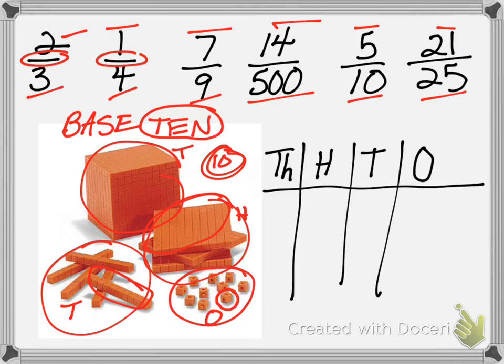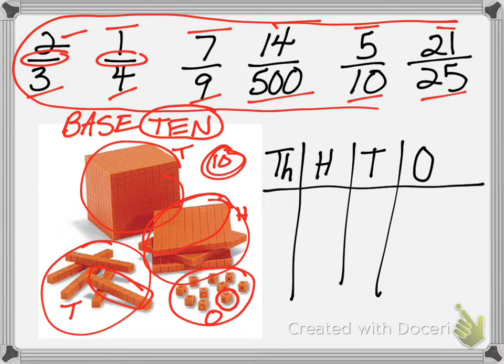Before we look at that, though, I want you to look at the fractions at the top. There is only one of these denominators, that's your bottom number, that can be used and shown as a decimal. So if you think about our system, it is called base 10. We just talked about this right here. So look at the top and pick the fraction that you think can also be written as a decimal.